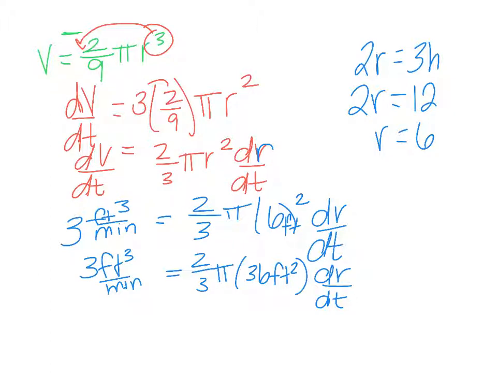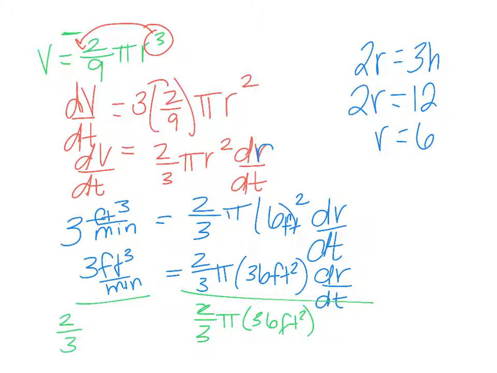And remember, this is calculator allowed, so at this point, just divide everything. You have your 2/3 pi times 36 feet squared on both sides, and we can see with the units that this is going to work out because I want a rate. I'm looking for that rate of the radius. So when I do my feet cubed divided by feet squared, I'm left with just 1 foot per minute, which is what I want.